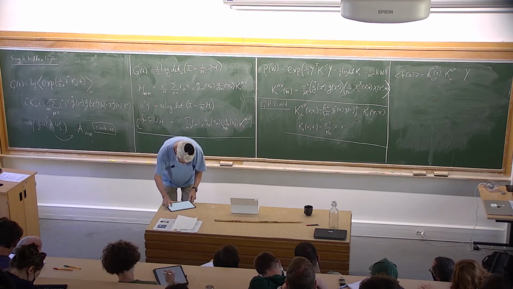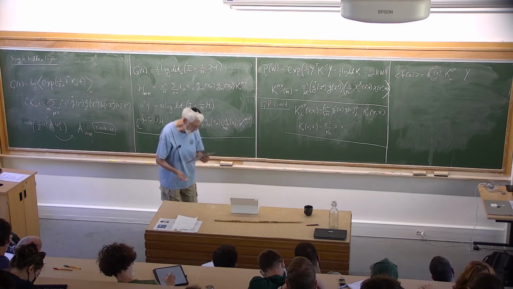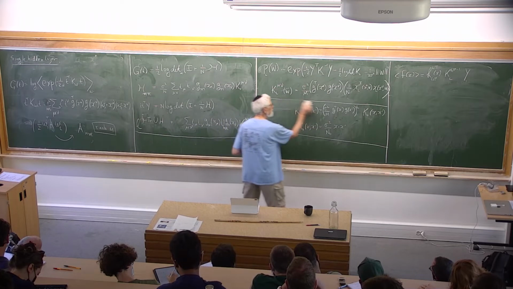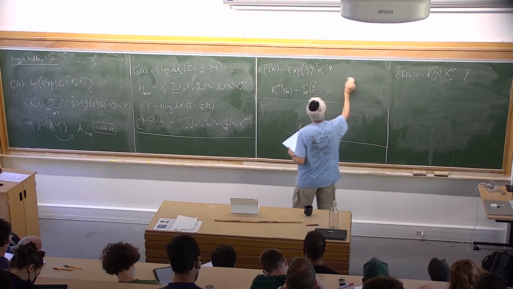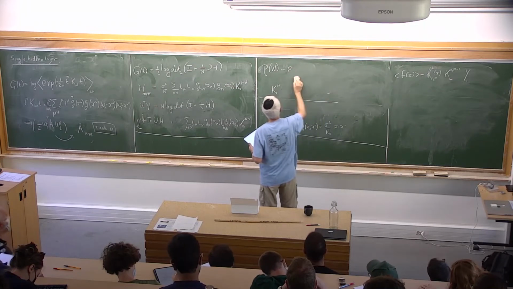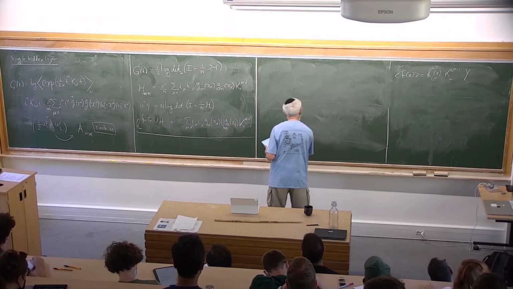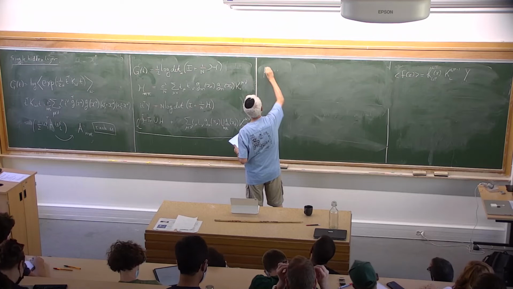I don't have time to do the details, but you can see from the flavor of things so far that what we have is a renormalized kernel. So let me write down the renormalized kernel, K twiddle. Twiddle is not temperature.